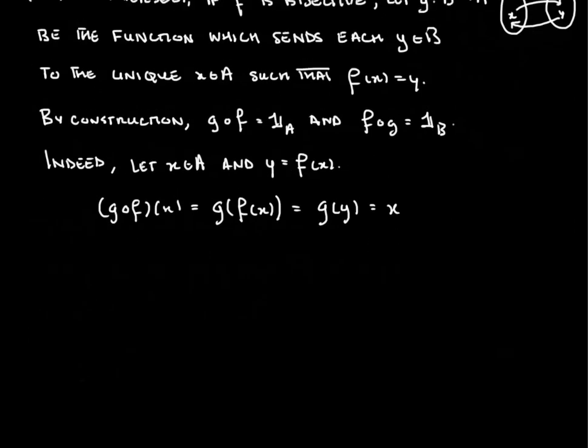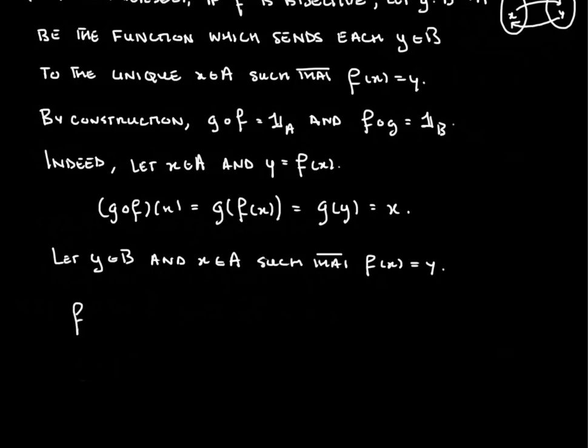We can do this in the opposite order as well. So let y be an element of B, and x be an element of A, such that f of x is equal to y. We're able to define such an x because f is bijective, so it is surjective.